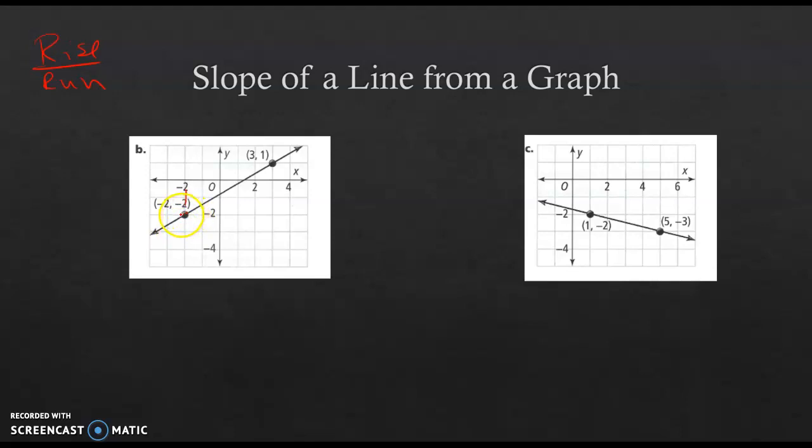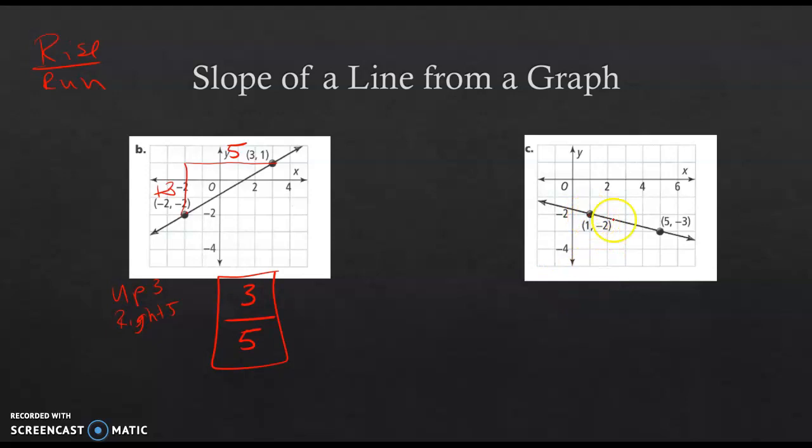We are going up here, so that means I'm going to have a positive slope. 1, 2, 3, so we went up 3 and right 1, 2, 3, 4, 5. We write that as rise, which was 3, over run, which was 5. And then I just see if I need to reduce. Nothing goes into both 3 and 5, and so that is our slope.